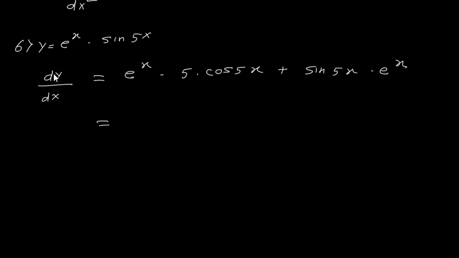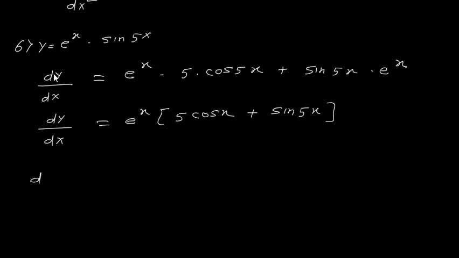So I can take e power x common. Inside the bracket we have 5 times cos 5x plus sin 5x. This is dy upon dx. Now I differentiate this again.